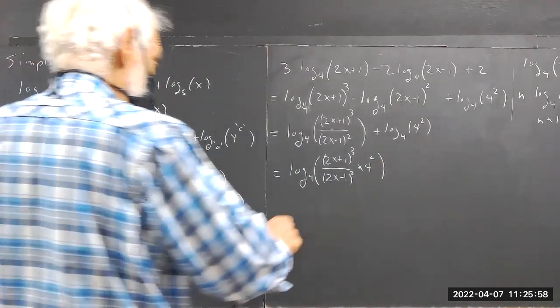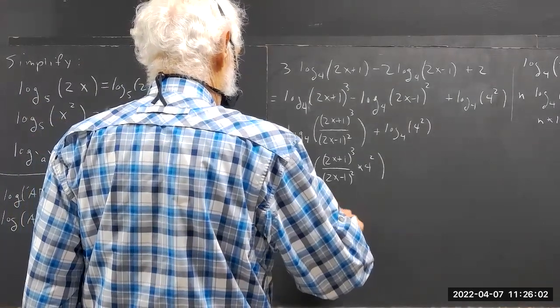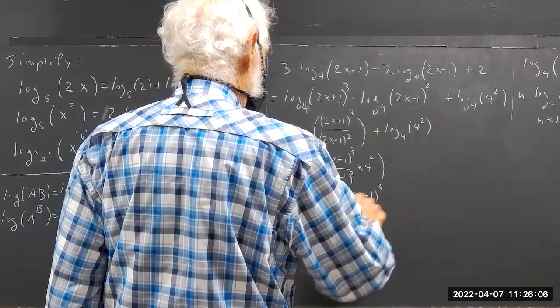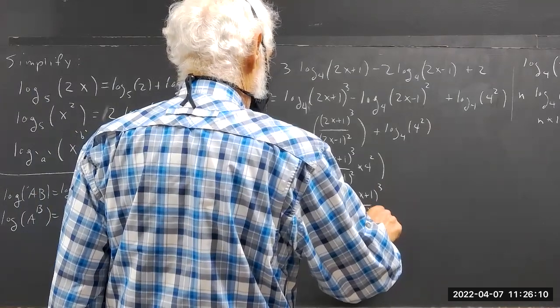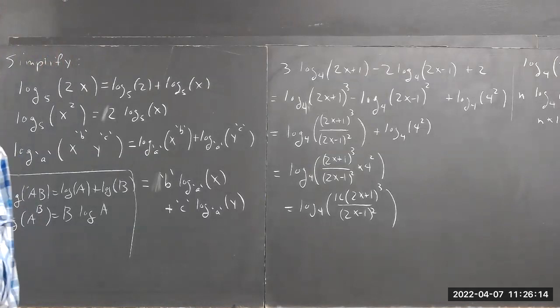Okay. And that equals log base 4 of 16 times (2x plus 1) over (2x minus 1). Okay.